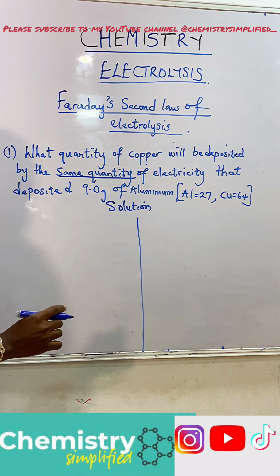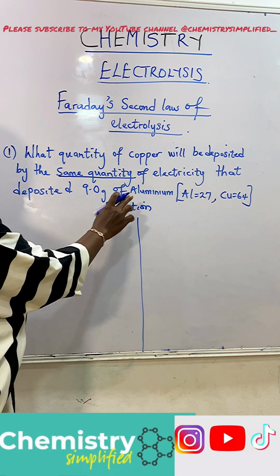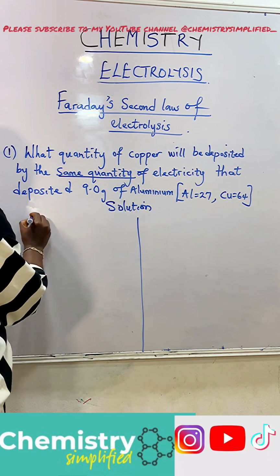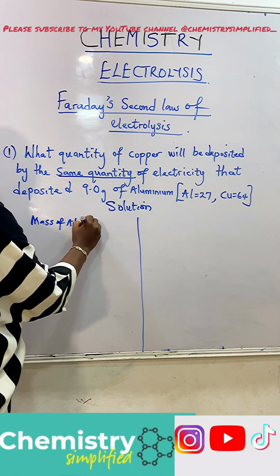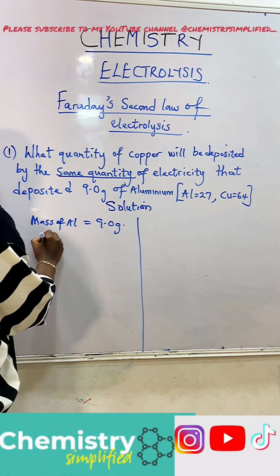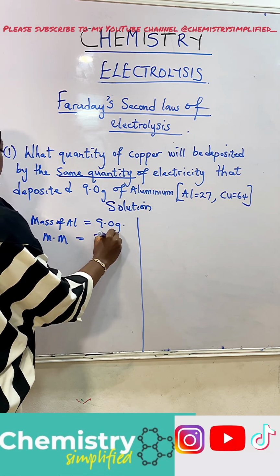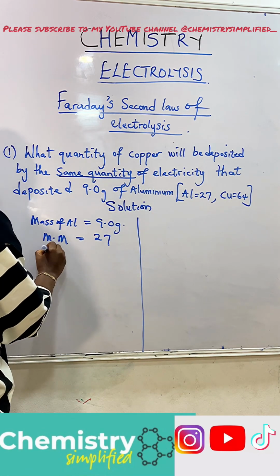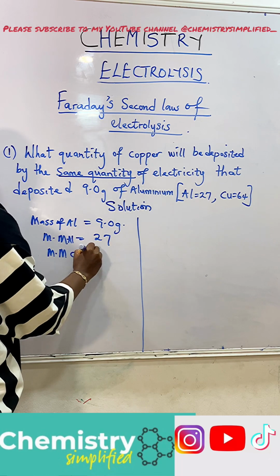Now the first thing we're going to do is write out the parameters. What are we given? We're given mass of aluminium to be 9.0 gram. We are also given molar mass of aluminium to be 27. We are given molar mass of copper to be 64.